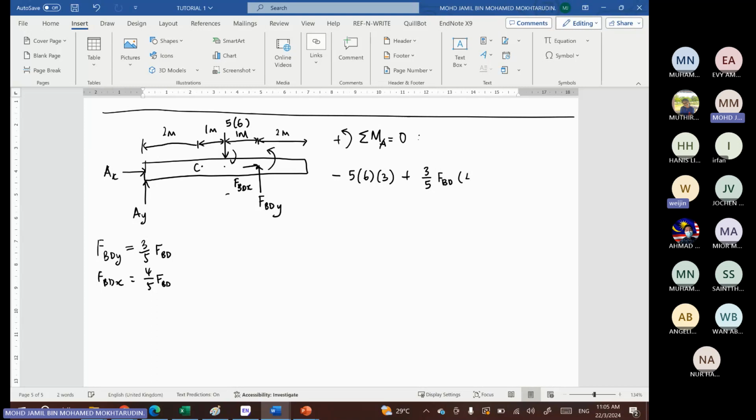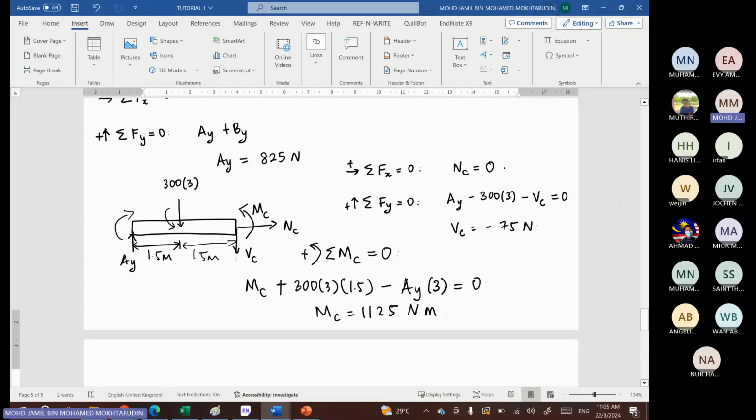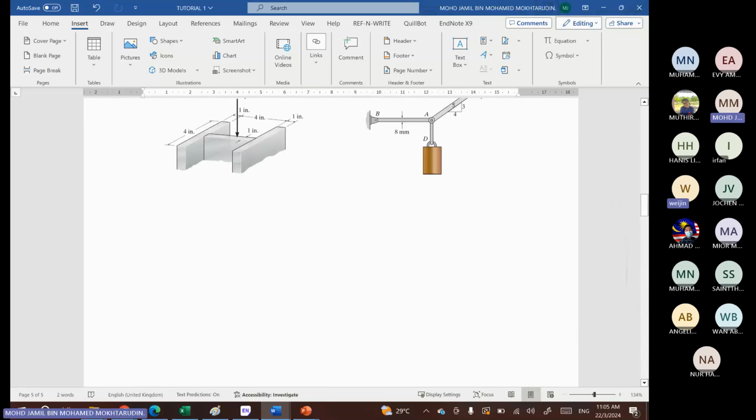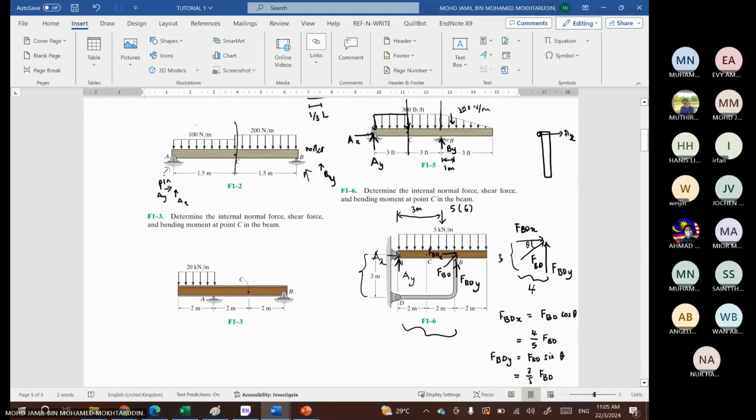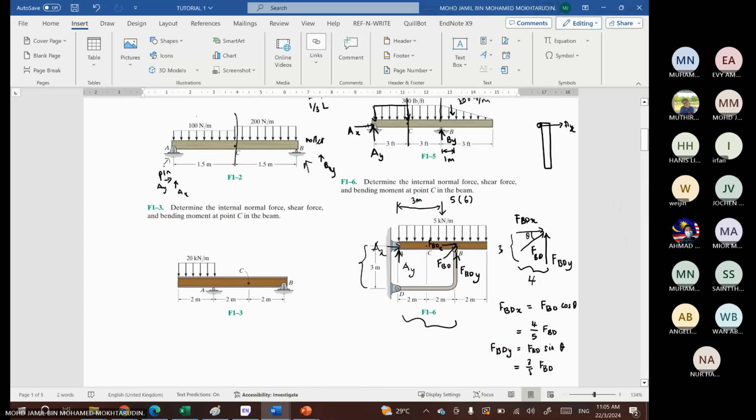Sir, saya ada satu soalan. Yeah. Kenapa ada force kat BD tu sebab kan support dia L shape. Kalau support dia L shape kan sepatutnya force dia vertical dan horizontal.